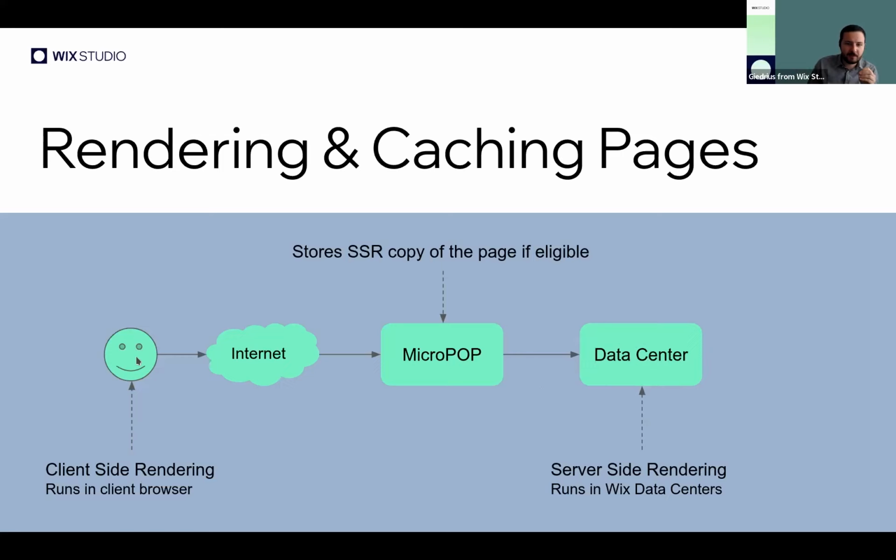Now, if a user runs a data call from here, your client-side code does a Wix data query, this is a longer round trip. So we're going to do the first render here. We're going to send that page. Now, the page is eligible for caching. Let's say you turned on caching on that page, we're going to store that pre-rendered copy on this micro point of presence.